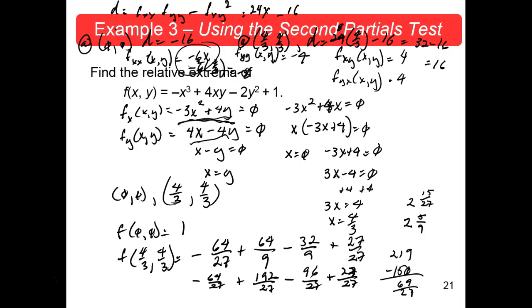So here your f sub xx is negative, so that means it's a relative maximum there, which is what I was guessing anyway, because it has a greater value than the other. Of course, that could be a saddle point and this could be a minimum, or this is a minimum and that's a maximum. It may not be very likely that way, but it could be.